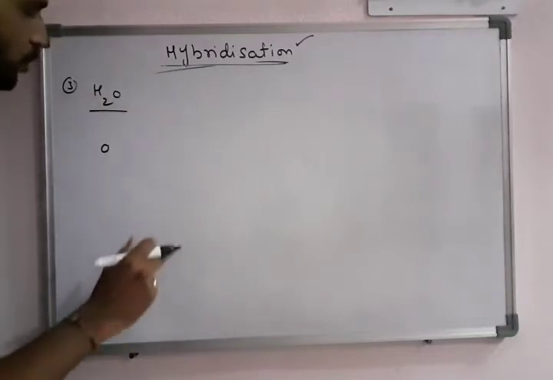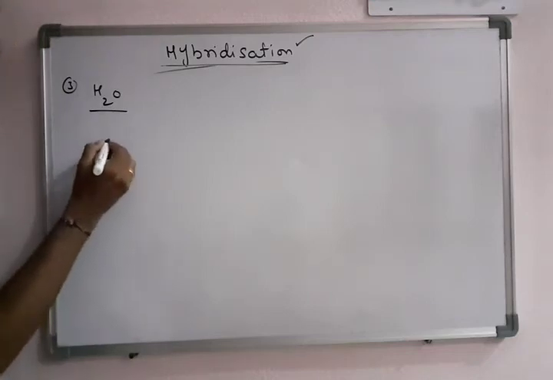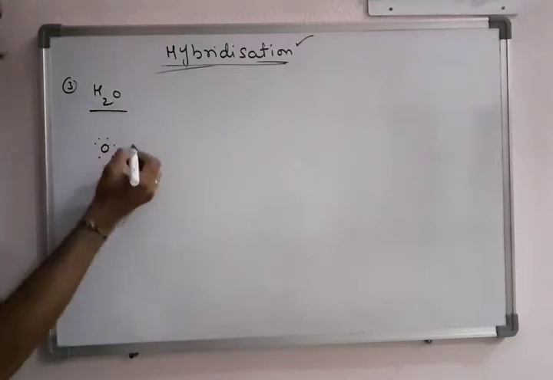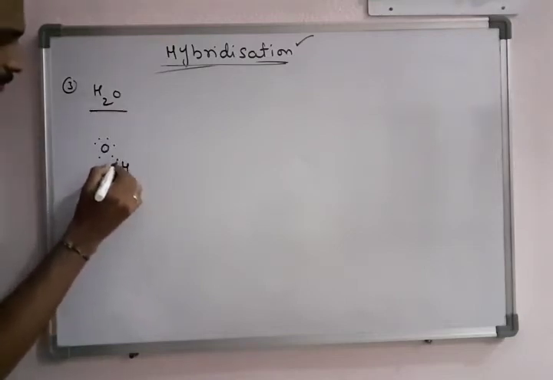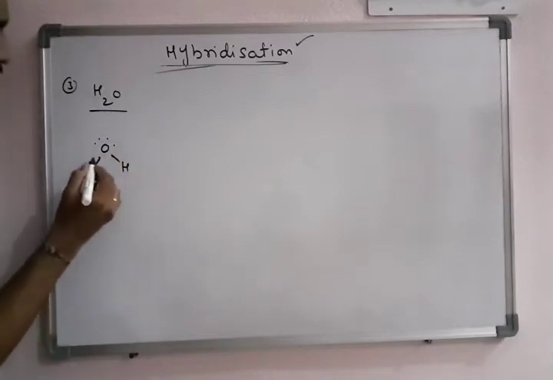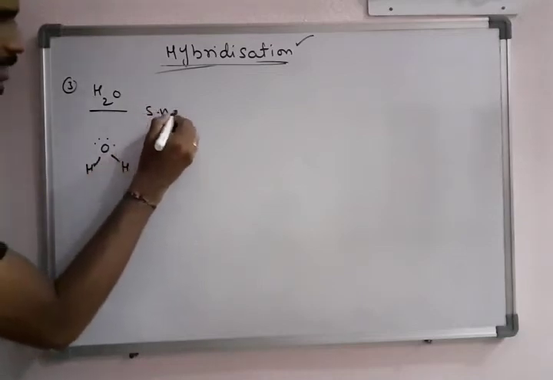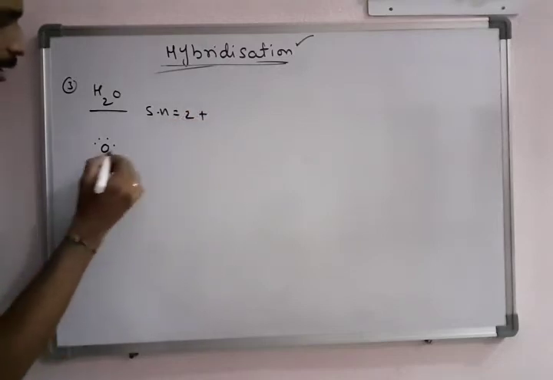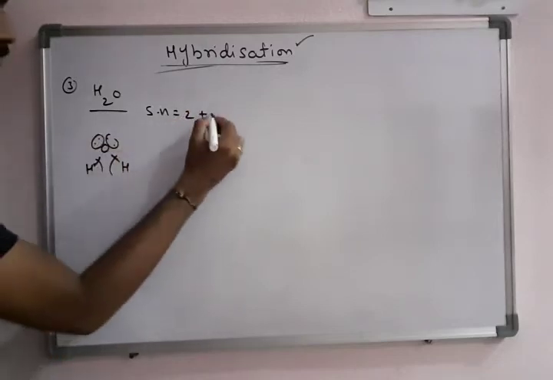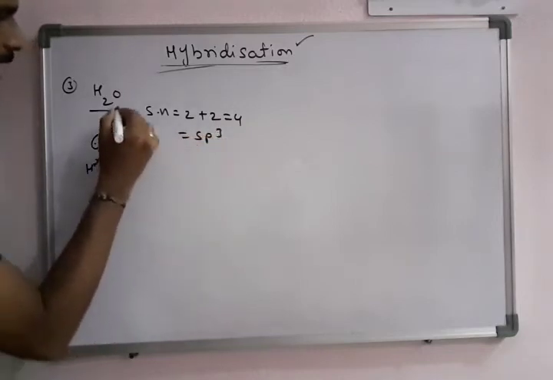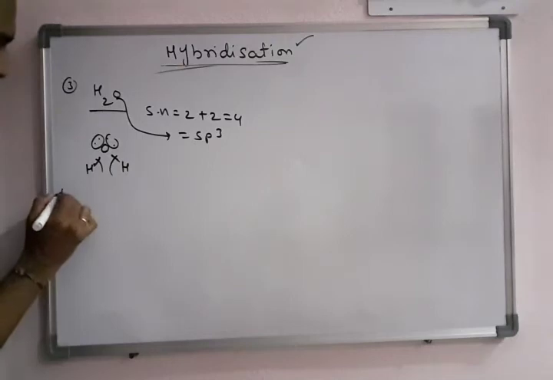It has 6 valence electrons, 1, 2, 3, 4, 5, 6, and it is bonded with 2 hydrogens. What is the steric number of the oxygen? It has 2 sigma bonds, 1 and 2, and 2 lone pairs. Steric number 4, so the oxygen undergoes sp3 hybridization.